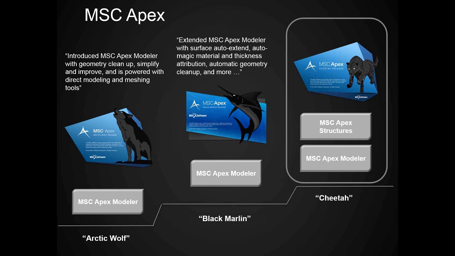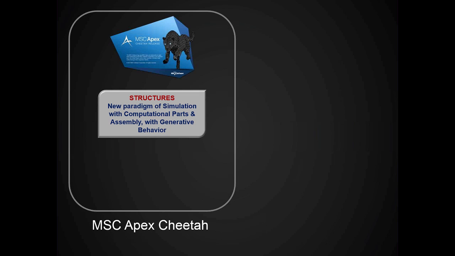Unlike the other two, this release comes with two product lines. One is MSC Apex Cheetah Structures, and the second one is continued enhancements on the modeler. The structures is a new paradigm of simulation, built all new with what we call a computational parts based assembly architecture, and it also comes with generative behavior.